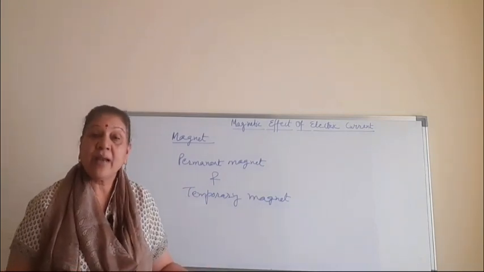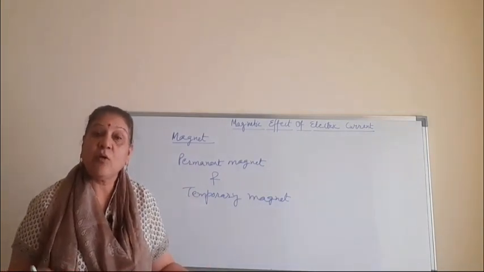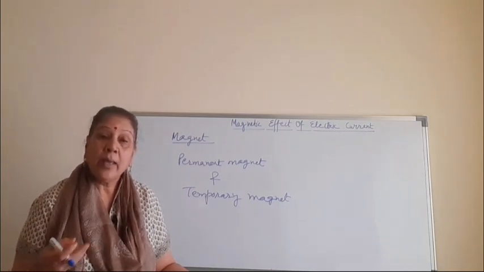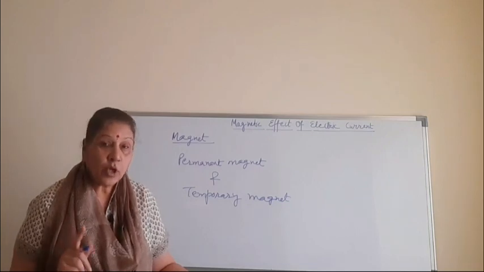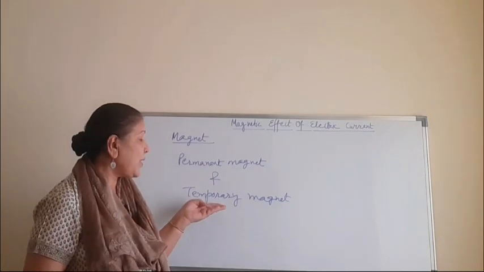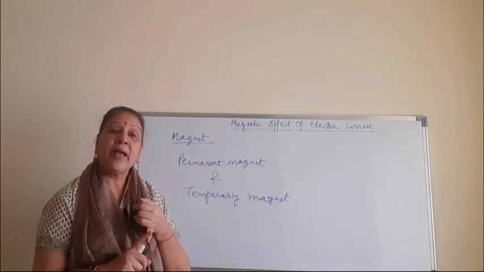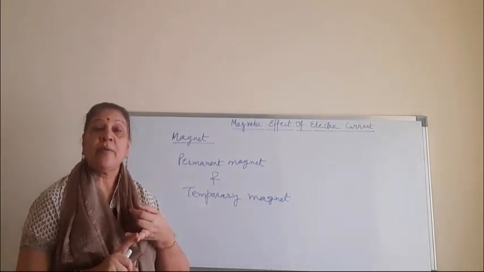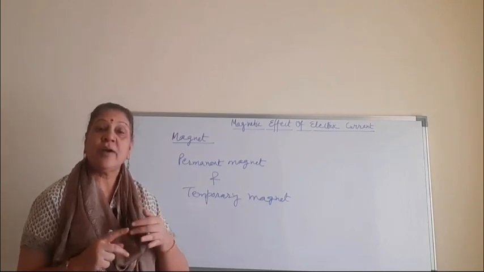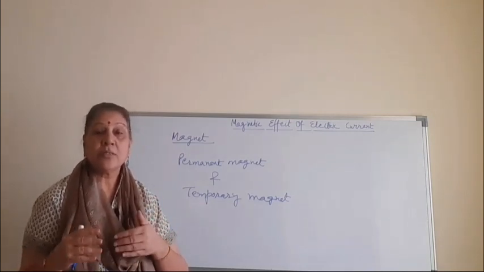Whereas in a temporary magnet, we can change the strength of its magnetism by allowing more amount of current or a stronger current in it. So we're talking about the electromagnet. So we can change the strength of the magnet, one. Two, we can also change the polarity of the magnet by changing the direction of current. The north can become south and south can become north.